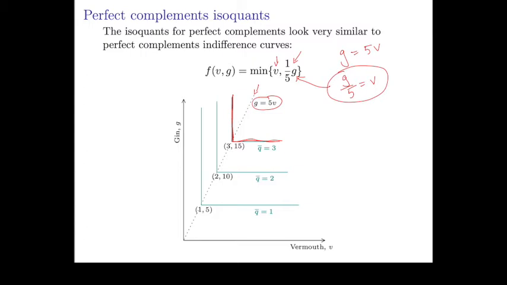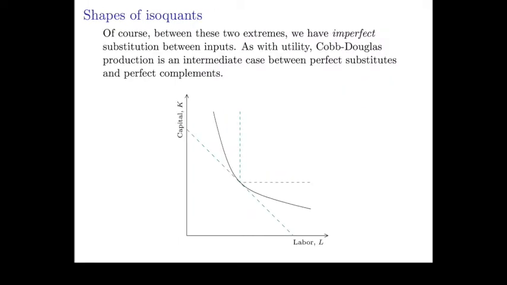And they're going to have these corners along the dotted line where these two things are equal. Okay, now we've seen perfect substitutes, we've seen perfect complements. And of course, just like the indifference curves and just like utility functions, we could have all kinds of things in between. The Cobb Douglas isoquants are going to lie between the perfect substitutes and perfect complements.